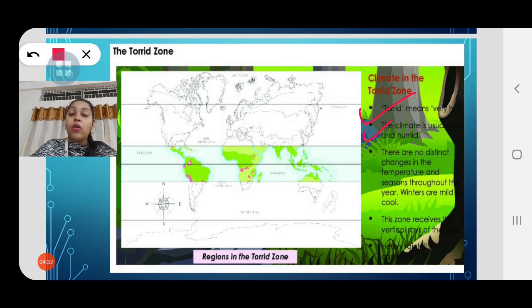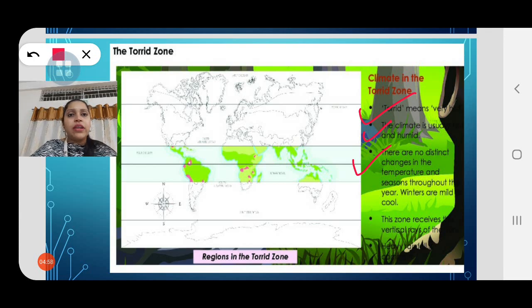Though rainfall will be there, the temperature will not come down. It will be hot only. So hot and humid. Then there are no distinct changes in the temperature and seasons throughout the year. Winters are mild and cool, so you won't find much difference in the temperature. The temperature will be the same throughout the year.